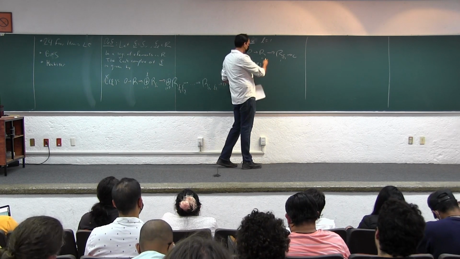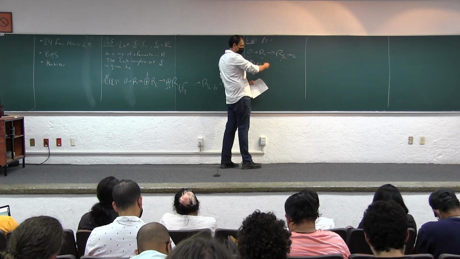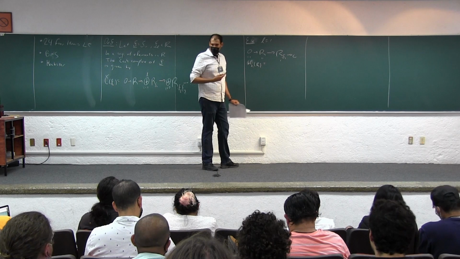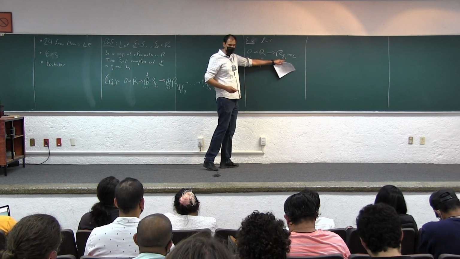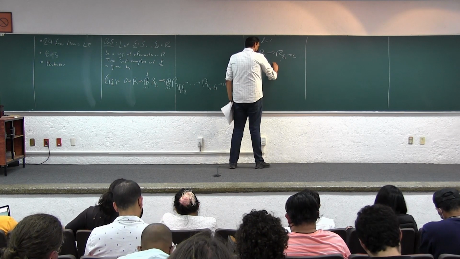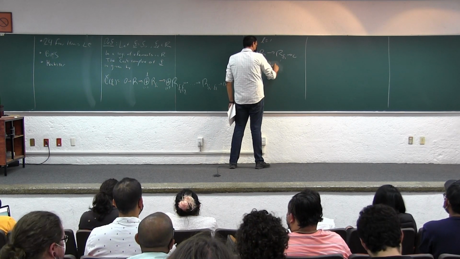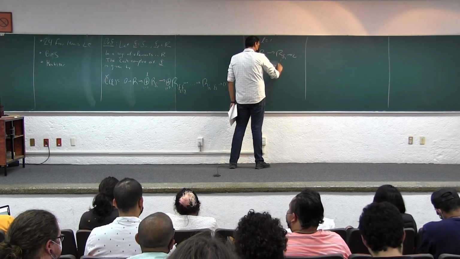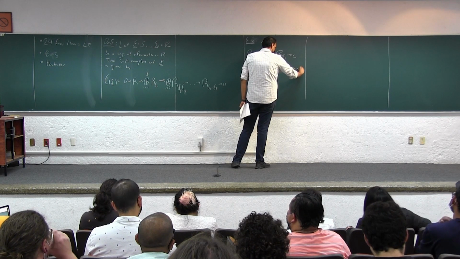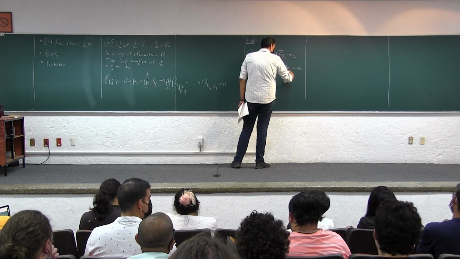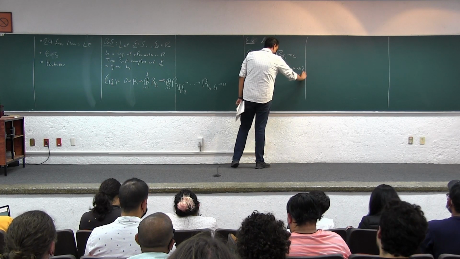So this one is going to be the kernel of the localization map, which is all the elements killed by a power of the polynomial, the element F1. So this is the union of all the elements in R such that there exists an n with F1 to the n times the element equal to 0.